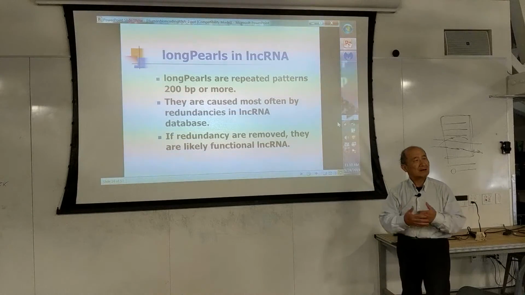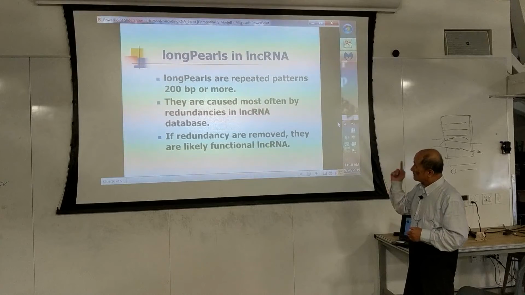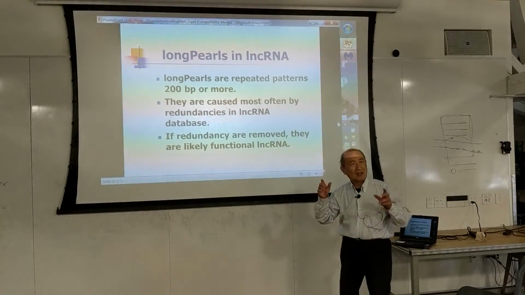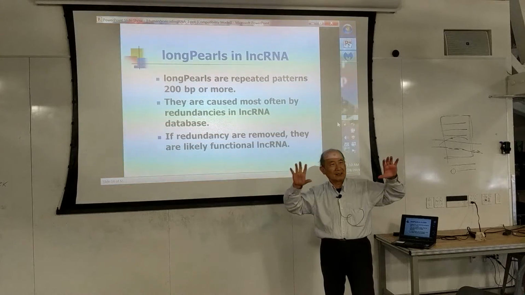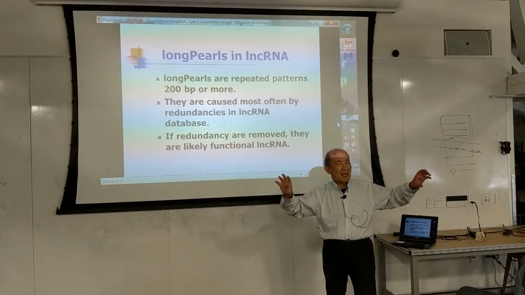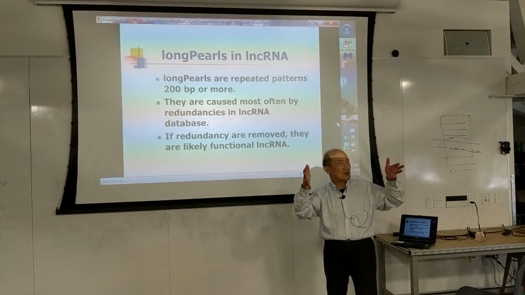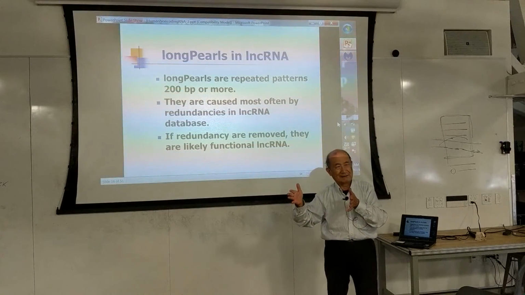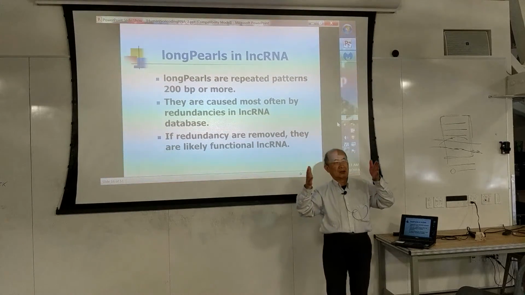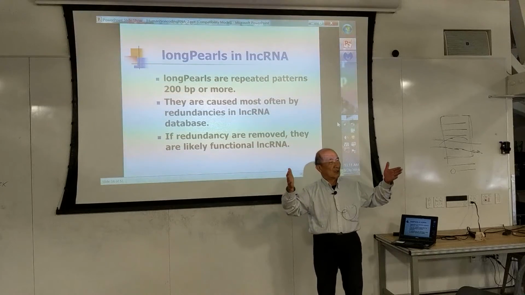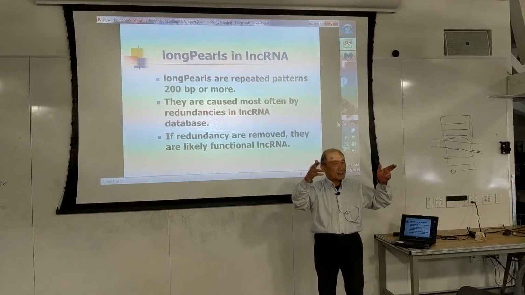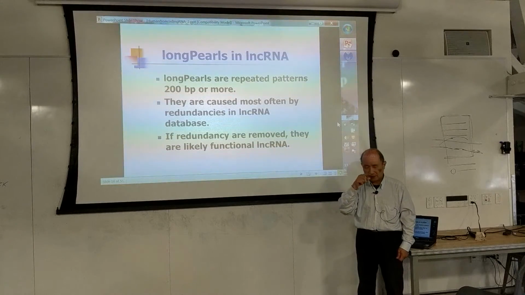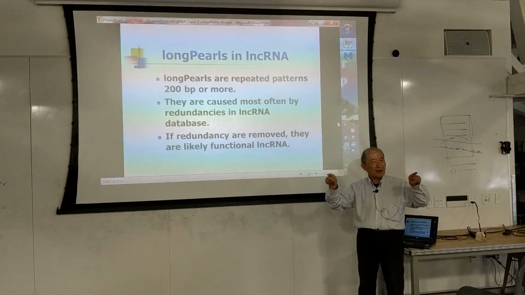But one reason why there are so many is that, for example, in the database I have two RNAs, and if the two RNAs have, say, 1,000 bases which are the same, which may not be at the same location, okay, but a stretch of 1,000 bases occurred in two different RNAs, this will cause the recording of two 1,000 base pair pairs in my analysis.